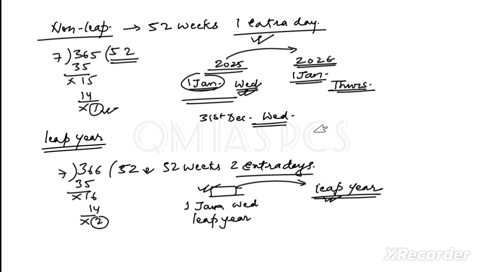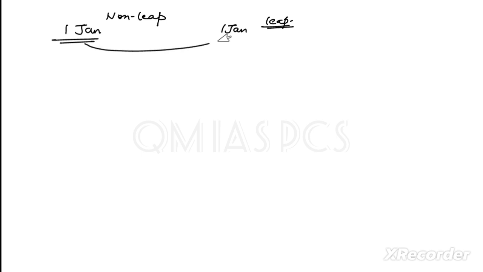What I am trying to say is, let's say this is January 1st, and this is a non-leap year, and the second one is 1st January, and this is a leap year, right? So if you see the gap between the days from January 1st to this January 1st, it will be 365 days, not 366.